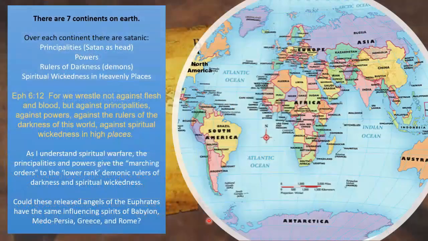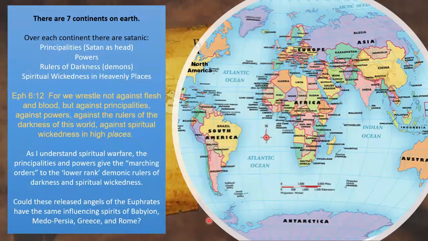Now, there are 7 continents on earth, and we often hear about Mystery Babylon being located on 7 hills, and people have speculated, where are these 7 hills? There are several locations that could meet all that criteria.